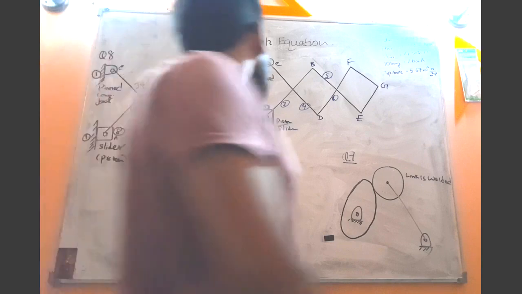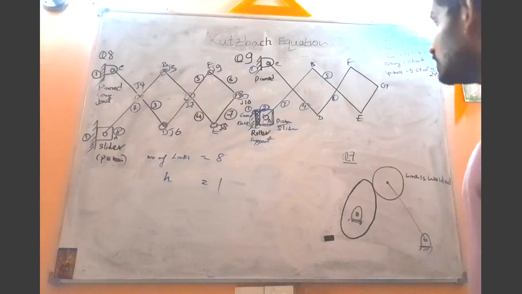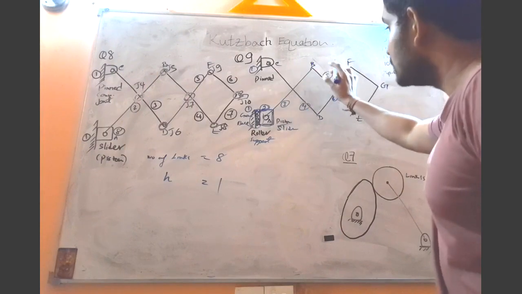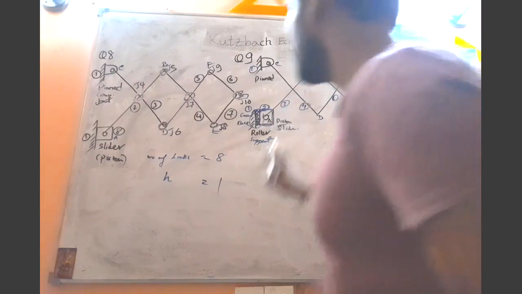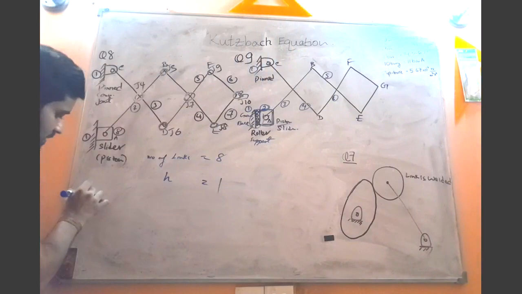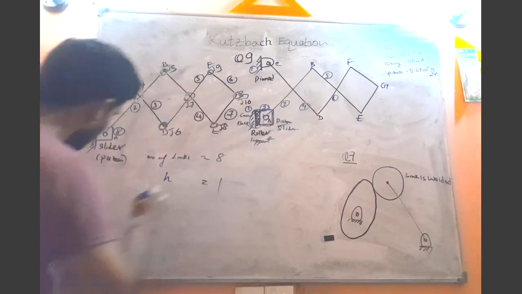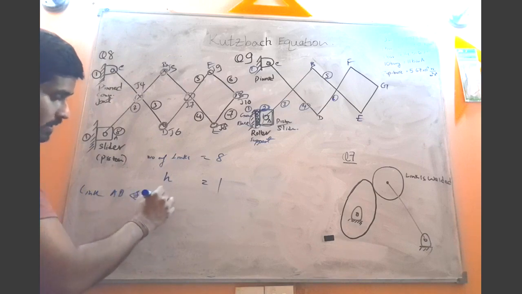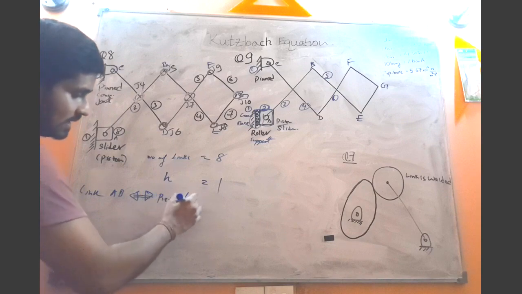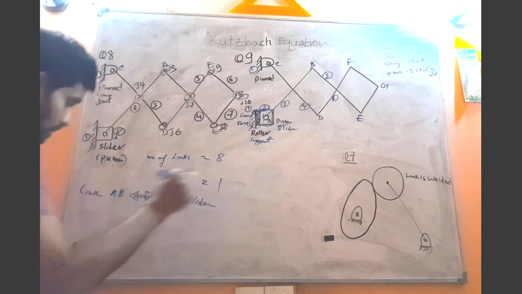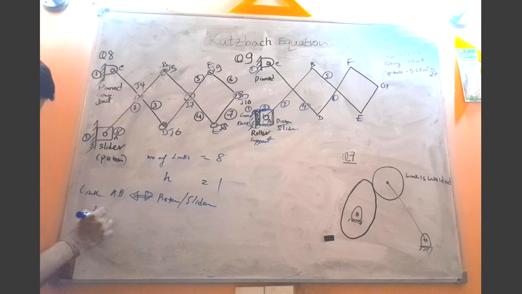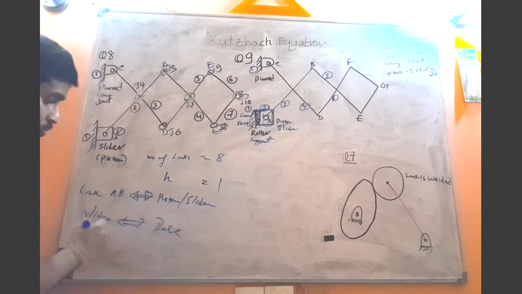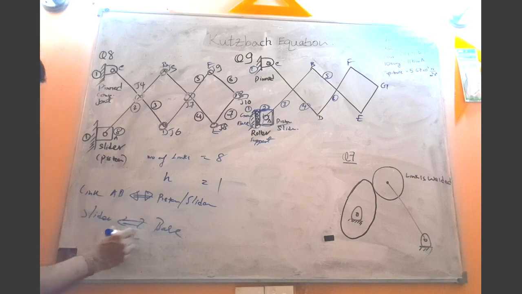And here there is a very special case that you need to know. Just consider this one. Link AB is first connected to the piston, or the slider, but the slider is connected to the base through a roller support.